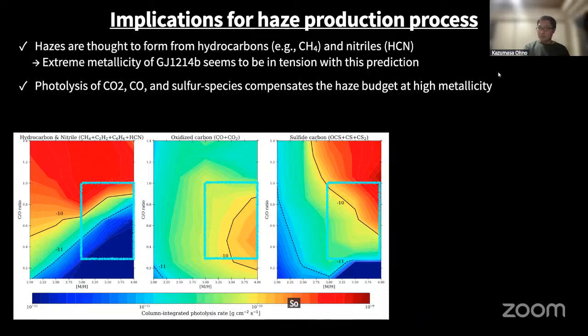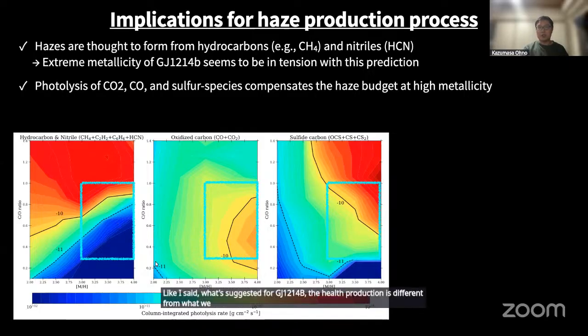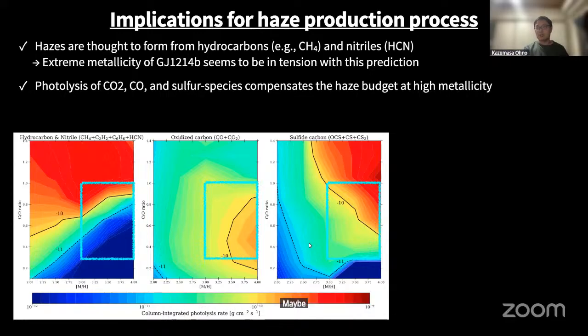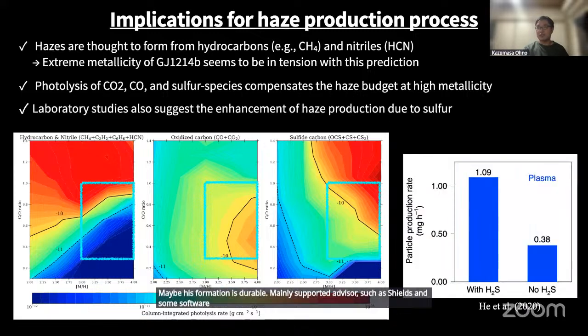So our speculation is that maybe at the high metallicity, like what's suggested for GJ1214b, the haze production is different from what we originally thought. Maybe the haze formation is mainly supported by such CO2 and some sulfur-based species.